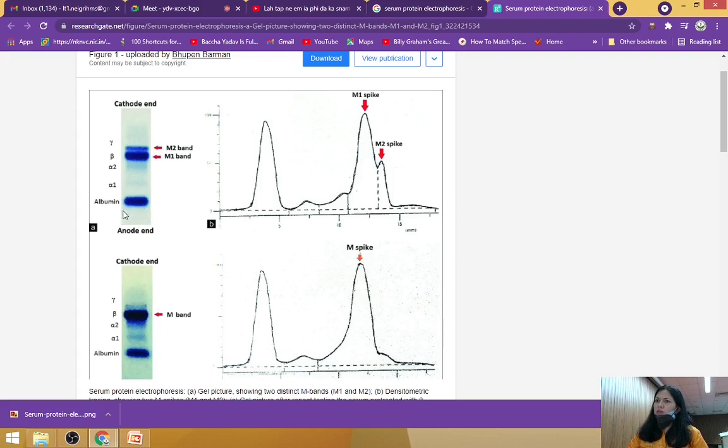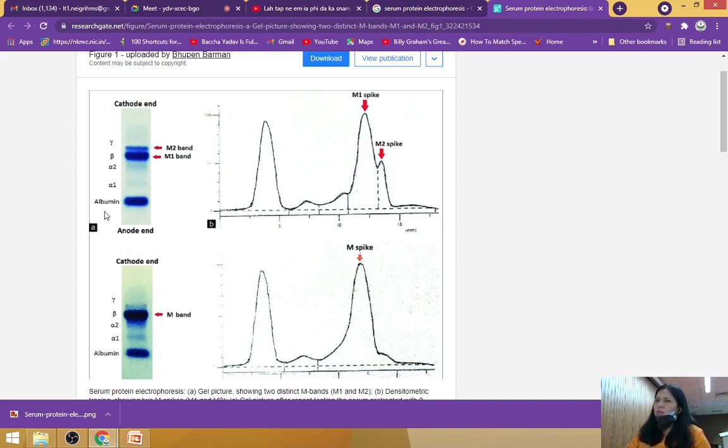Then you apply a spot where the plasma proteins are added. For example, this is the spot here towards the cathodal side. We will always add the spot towards the cathodal side and then pass an electrical field, and these plasma proteins, depending upon their molecular size and the charge they carry, will migrate different distances.